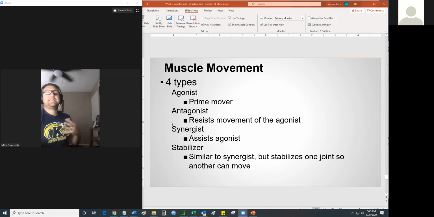Now, a stabilizer is kind of similar to a synergist, but this is used so that one muscle group or one joint can stay locked in place so that another one can move. An example of this would be if I'm doing my bicep curl, but I'm standing up.